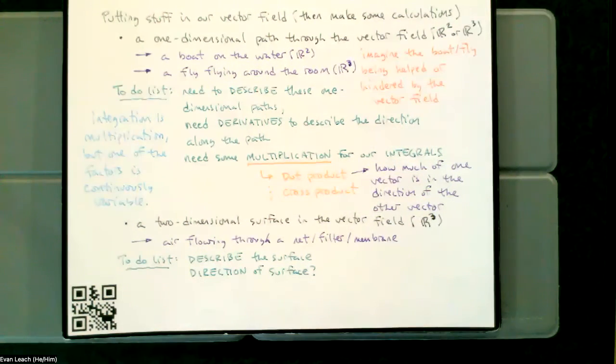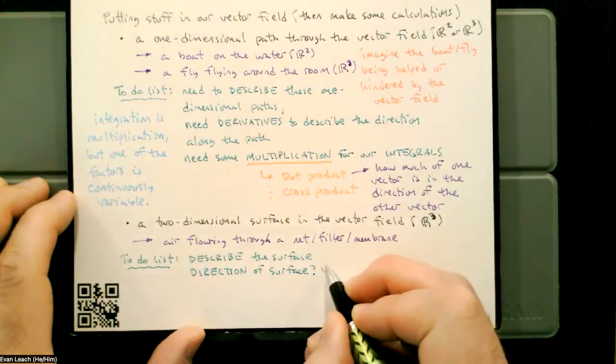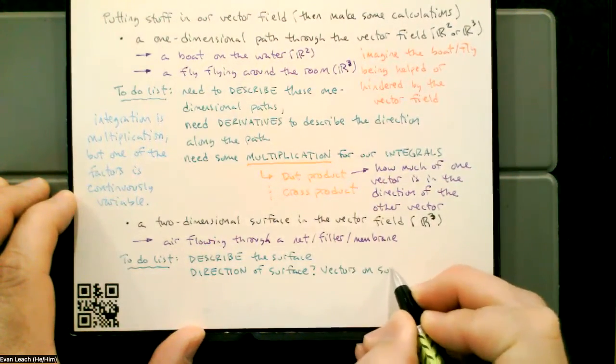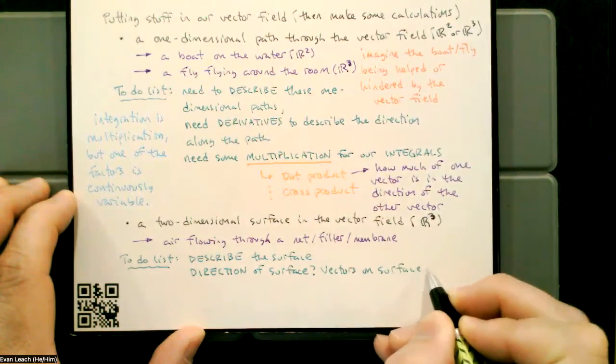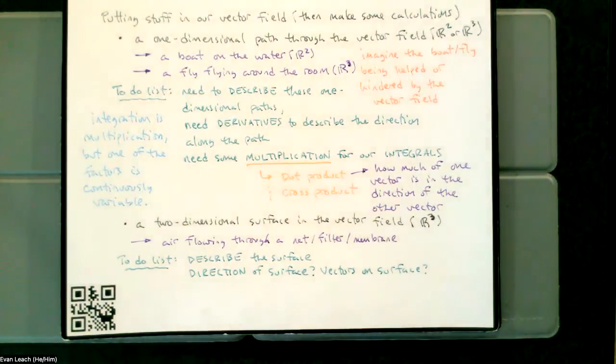Where are we going to get vectors on this surface? We're going to get vectors on this surface. That's a little bit weird.